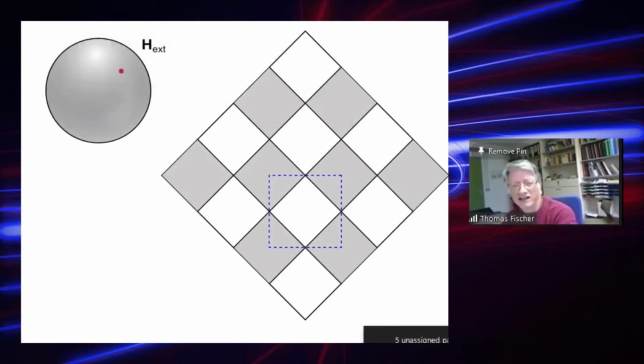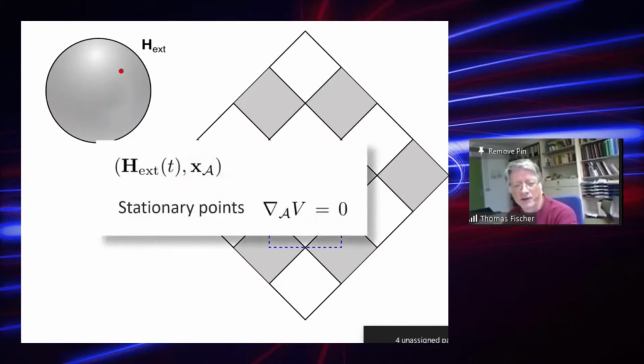So if we have an external field in this direction, marked by the red point, and we put the colloid on top, it will relax into its equilibrium position, and this equilibrium position is given by the stationary point where the gradient of the potential is equal to 0.